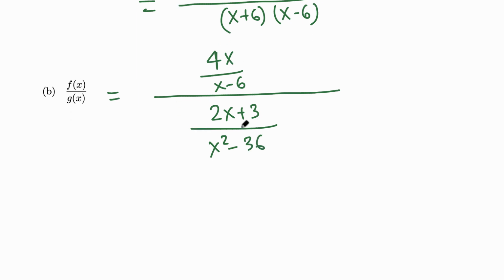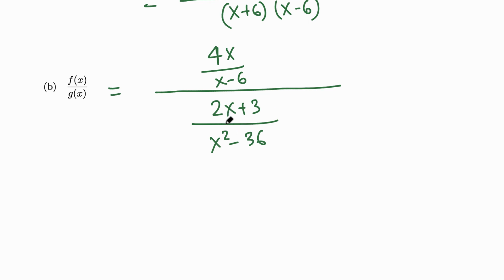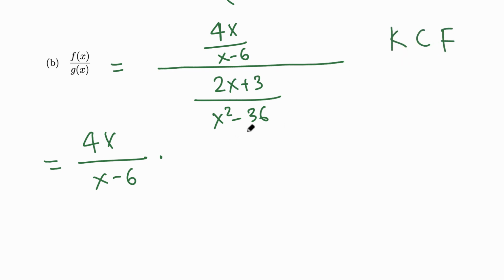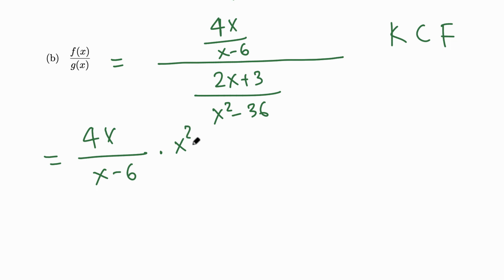Now fraction divided by fraction, so we keep, change, and flip. So this is the same as 4x over x minus 6, keep, now change this division into multiplication, and we flip. Flip means x squared minus 36 on the top, divided by 2x plus 3.